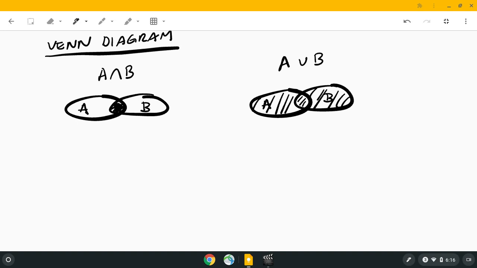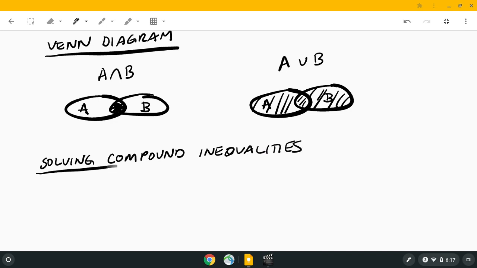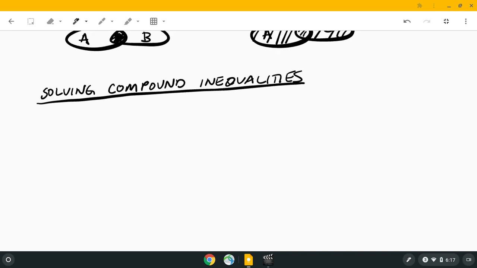Okay, so solving compound inequalities. That's what we're going to be looking at here today. It's going to be two inequalities, kind of like a compound sentence.